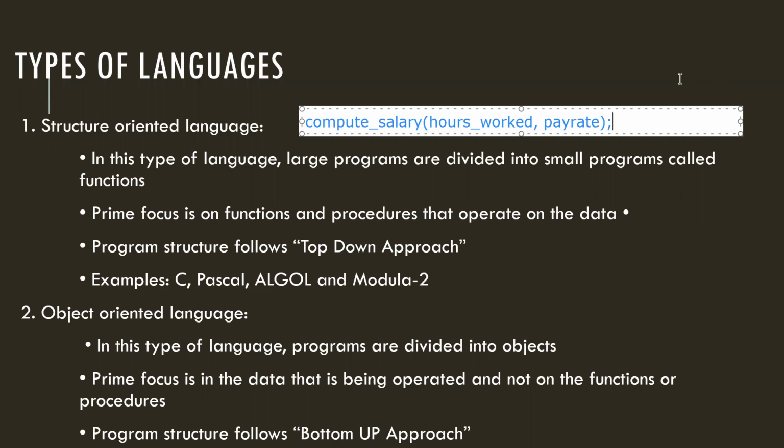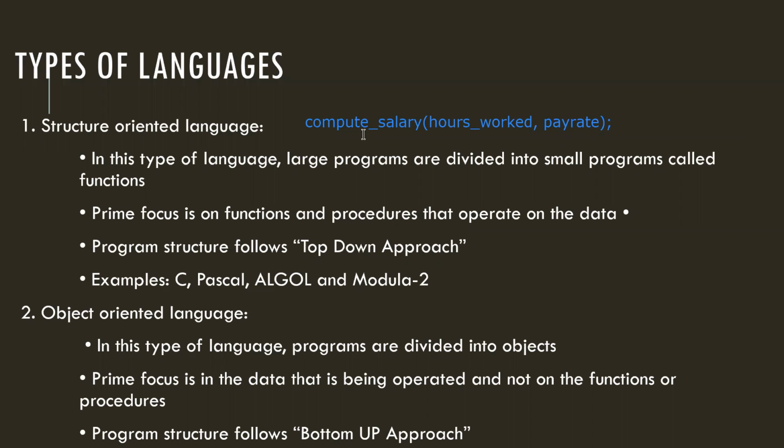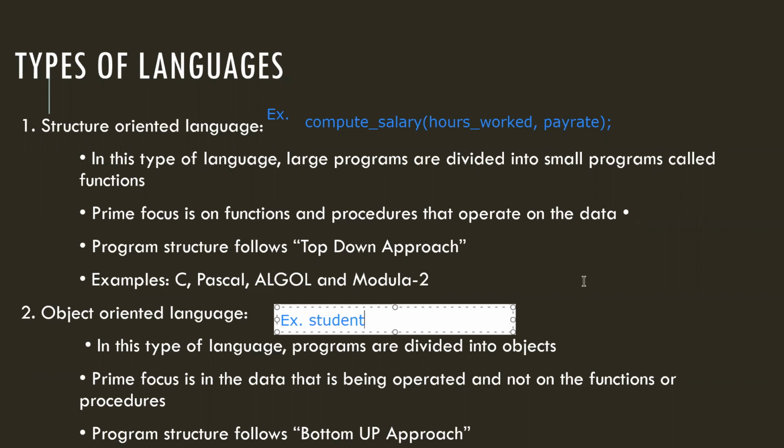So something like that, right? It's about the task, computing the salary. However, for object-oriented languages, it's different because instead of that, you have objects like the student or objects like the employee.